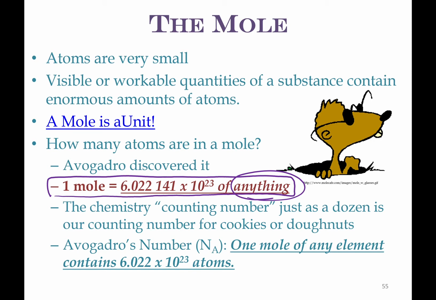But in chemistry, we have a mole of particles. So particles is an umbrella term. And under that umbrella, we use the terms ions or molecules or formula units.